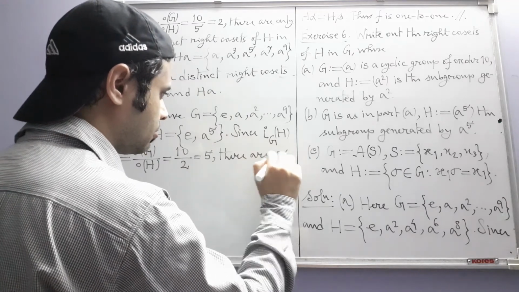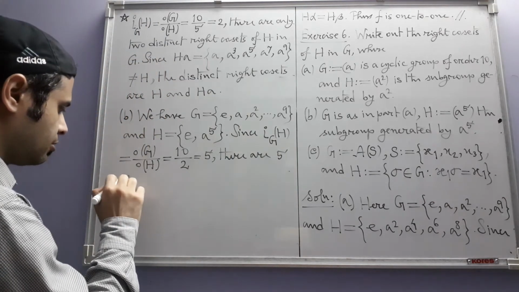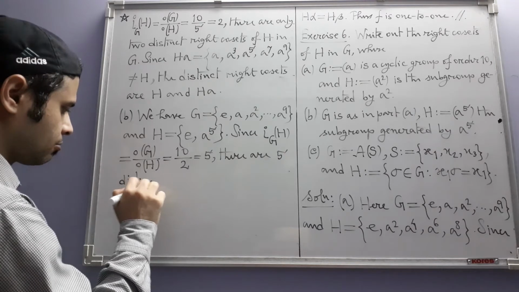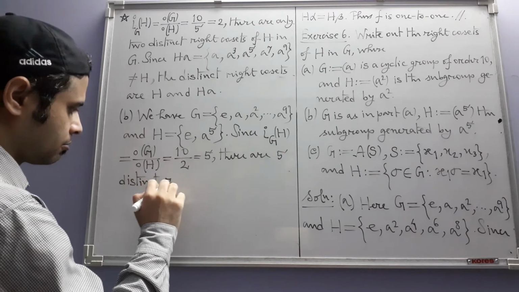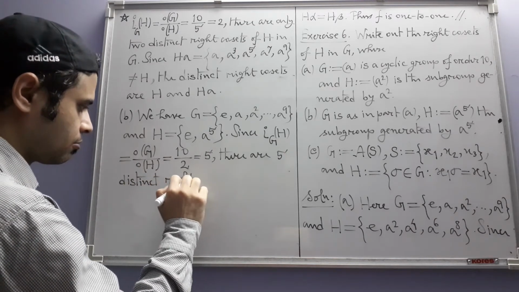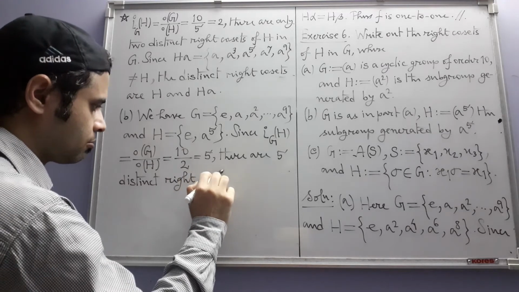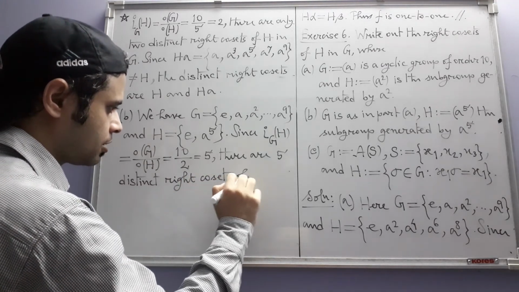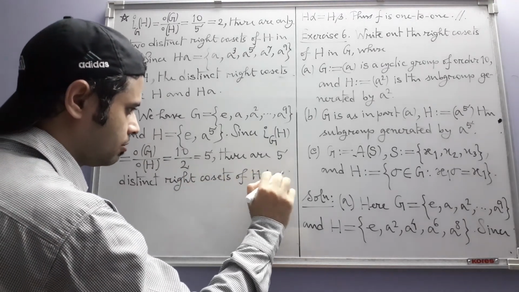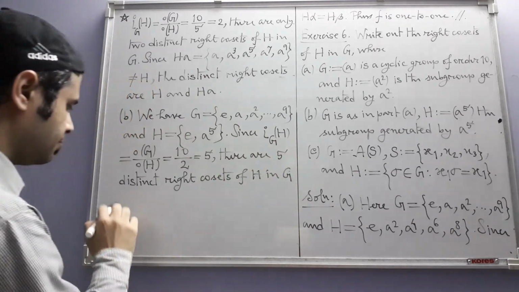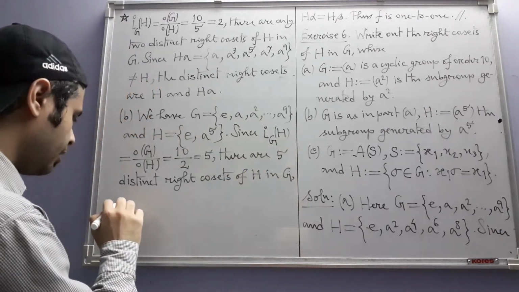There are 5 distinct right cosets of H in G, and they are as follows.